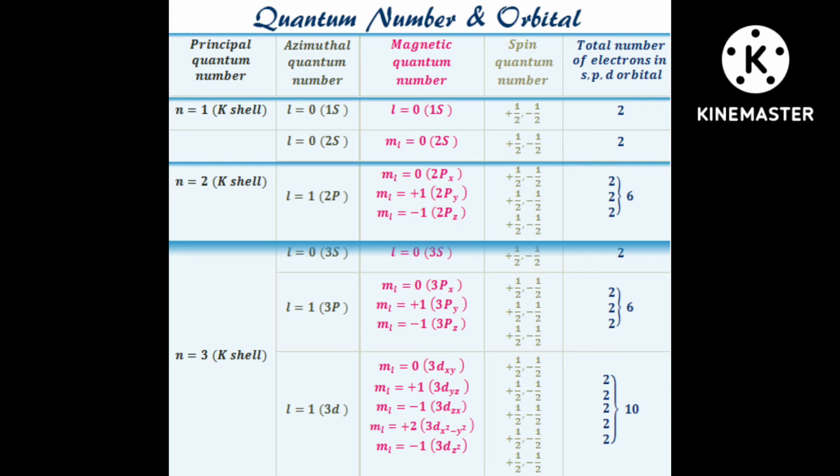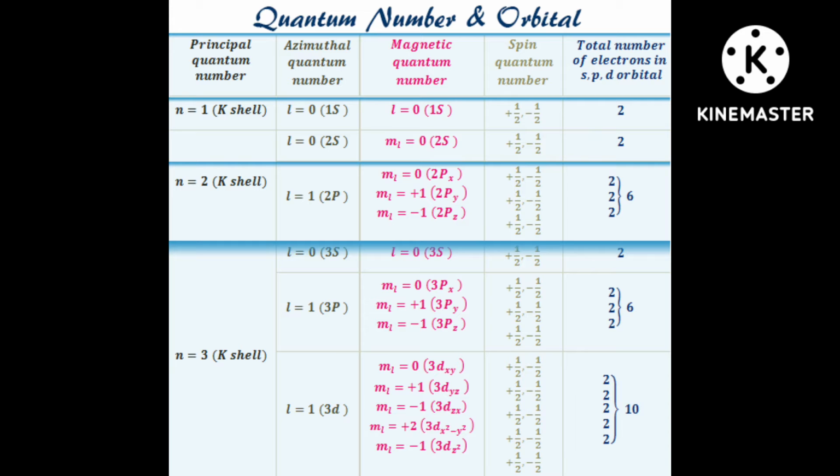Keep in mind, a question is asked: l defines the shape. Size is different. n will tell about the size, whether it is a small size or big size. Here it is shape. So l, the azimuthal number, tells about the shape of the orbitals in three-dimensional space in an atom.